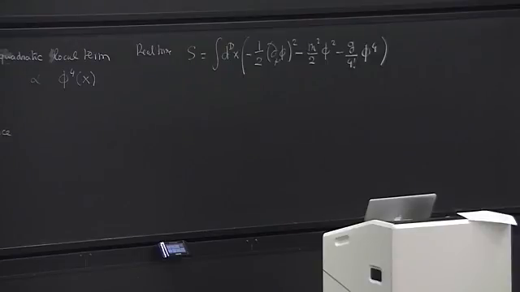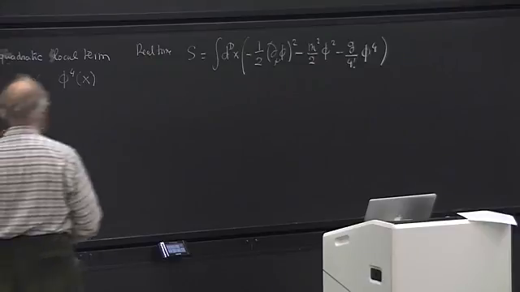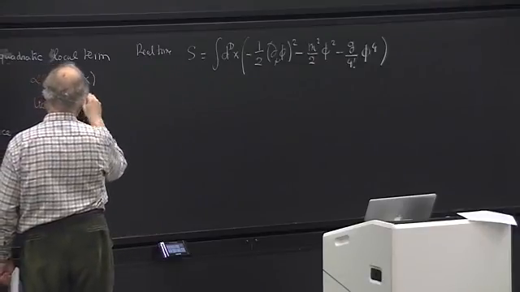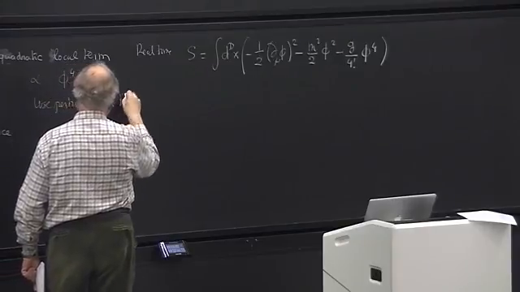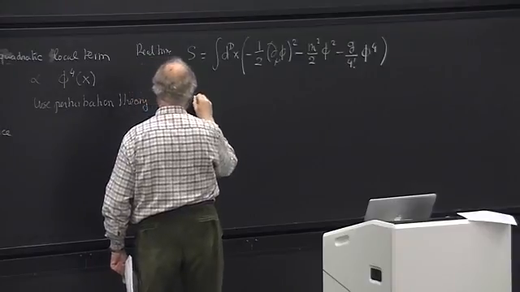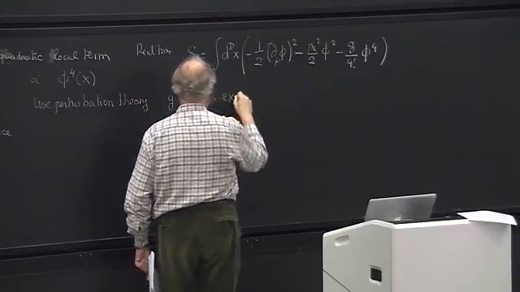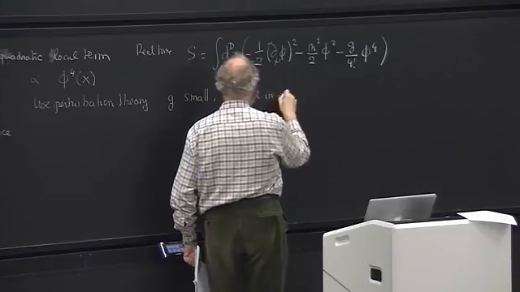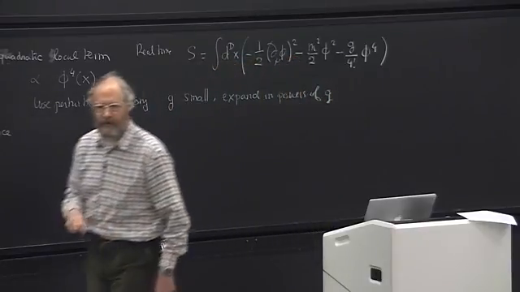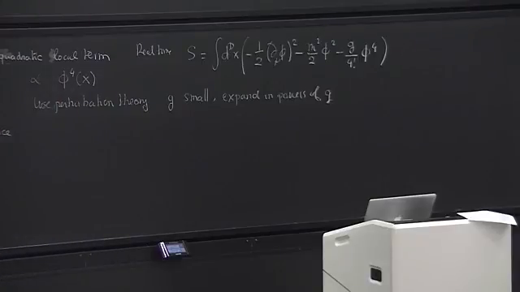So, I think you started to study how to study this theory using the canonical formalism. And the trick to study this interacting theory is to use perturbation theory. So consider that G is small and expand in powers of the coupling constant the quantity we are interested in. Okay?